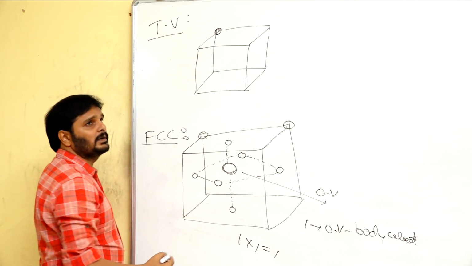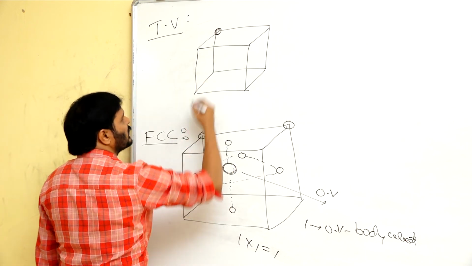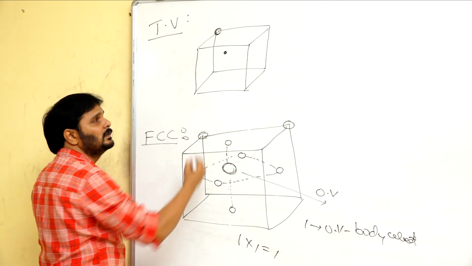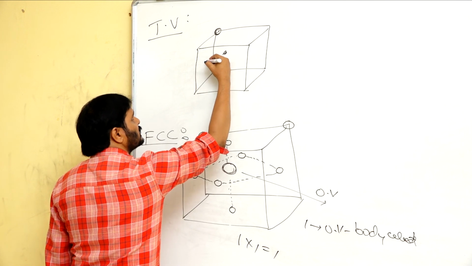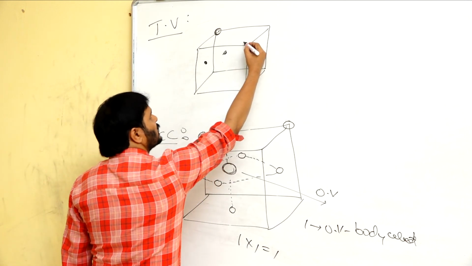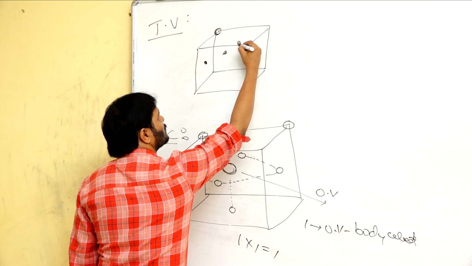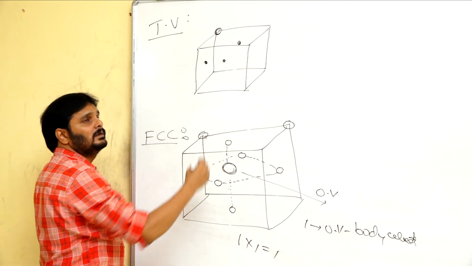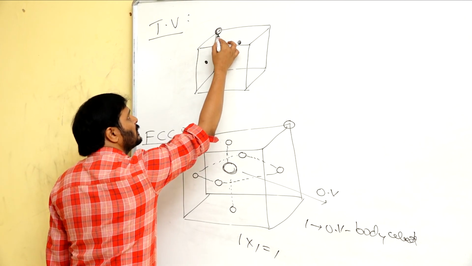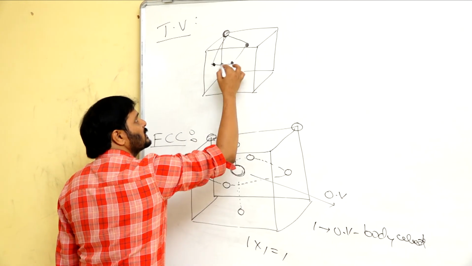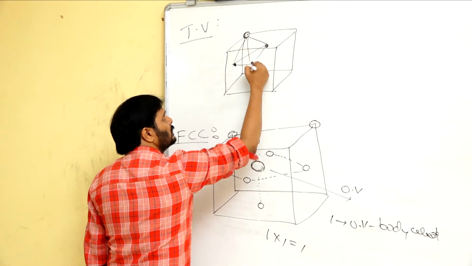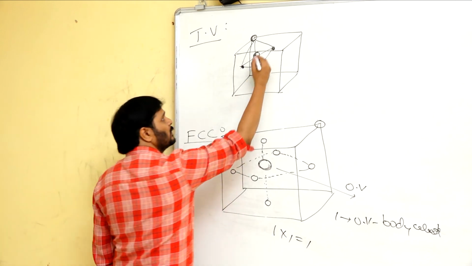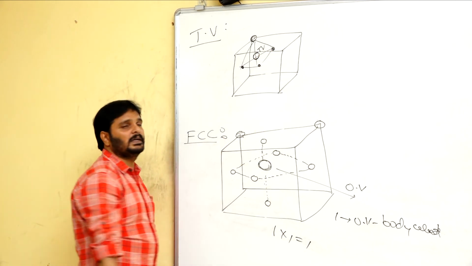Now to this corner atom, here is one more, the face center, and here face center, and here face center, back center. So I can join all these 3 and make this 4. Now there is a formation of void or hole. Now this is known as tetrahedral.